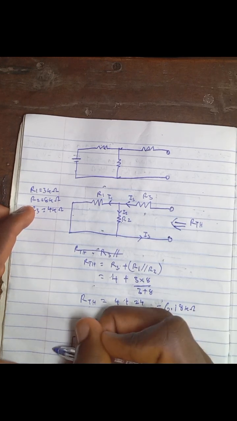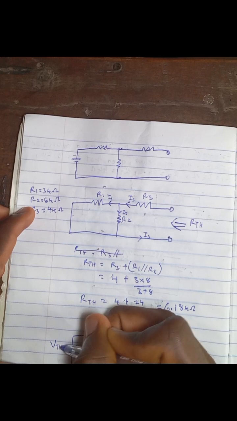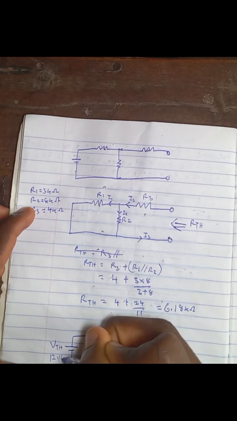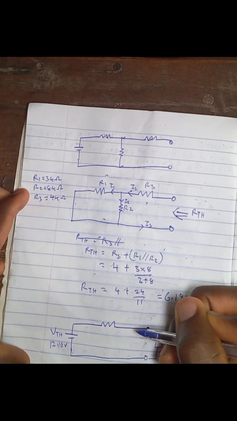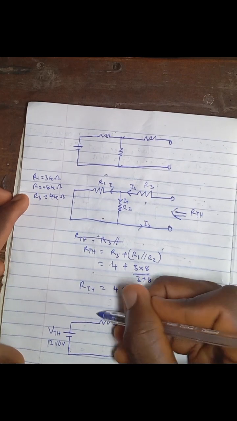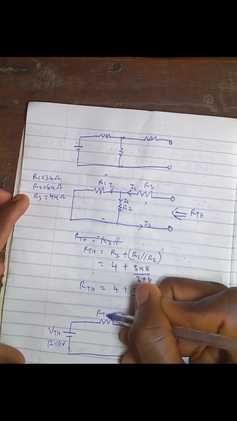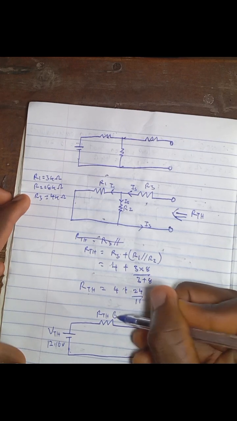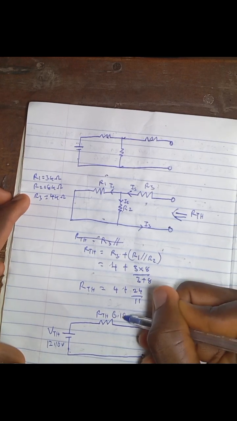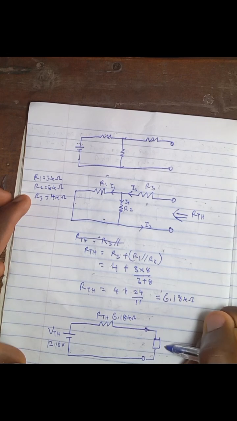So Thevenin voltage VTH is equal to 12.16 volts. Thevenin resistance is equal to 6.18 kilo ohm. Then this is our load.